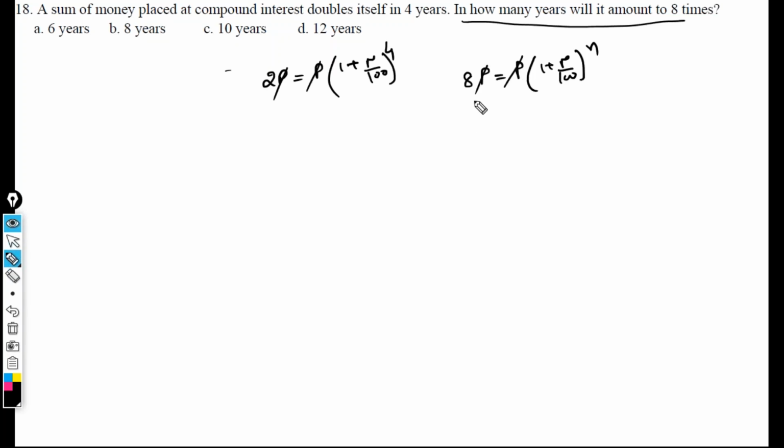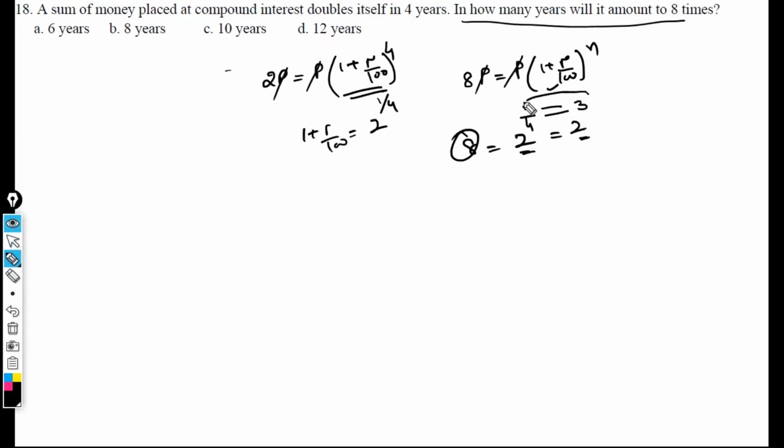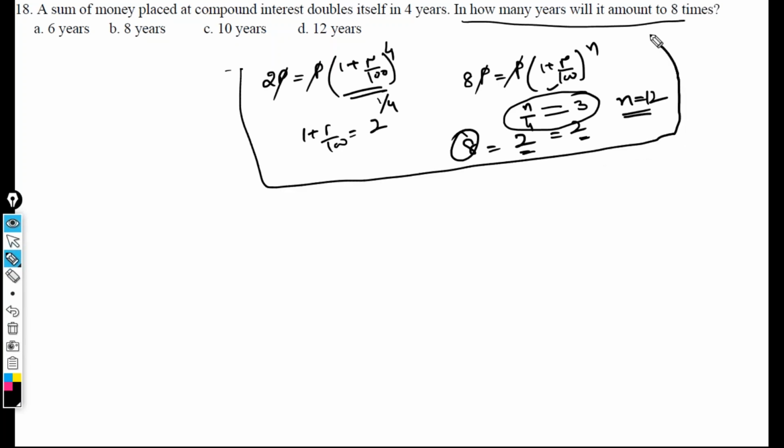So p and p again got cancelled out. The value of 1 plus r by 100 I know is 2 raised to power 1 by 4. So put it here: 8 equals 2 raised to power n upon 4, and this 8 can be rewritten as 2 raised to power 3. If base is same, powers are equal. So if n by 4 equals 3, n comes out to be 12. But now you can clearly see that we are not required to solve all this.